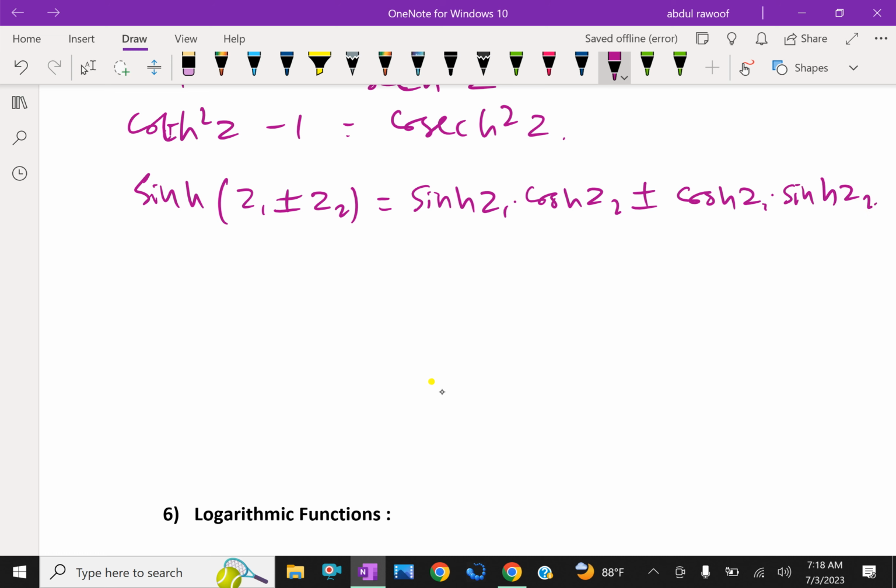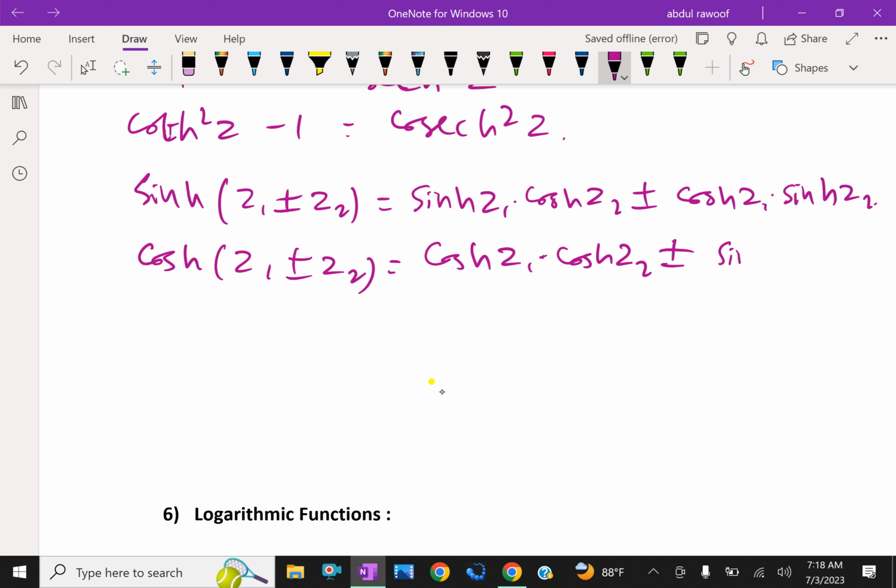Same for cos h of z1 plus or minus z2 equal cos h z1 cos h z2, this comes opposite, plus or minus sin h z1 sin h z2.